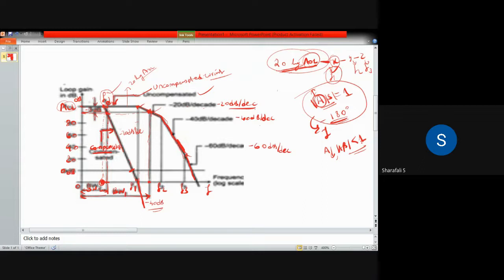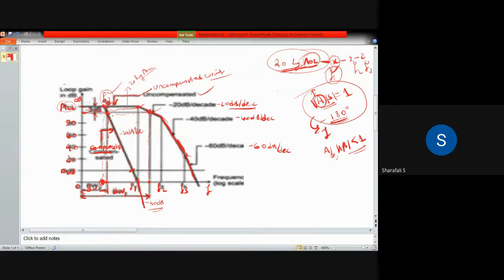In order to reduce the gain, we can use this compensation technique, because as you can see from here, we have a large gain at these frequencies compared to the other cases.